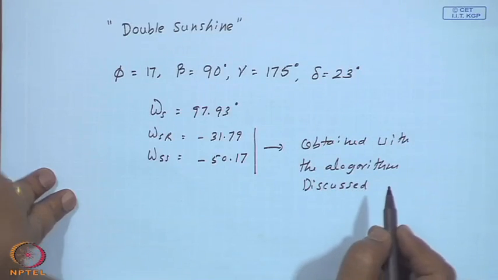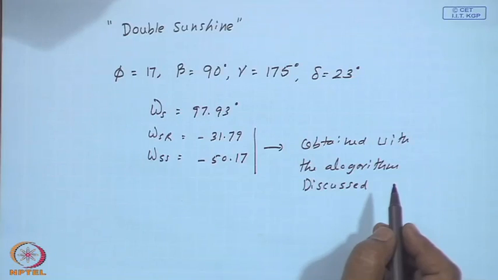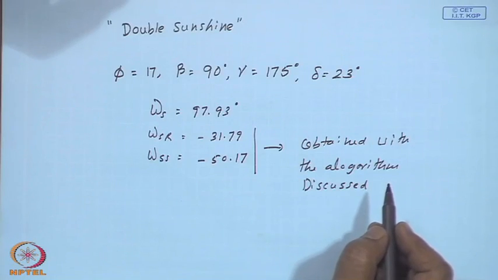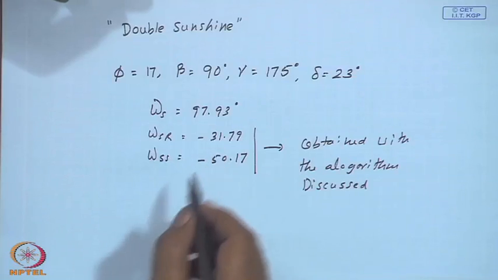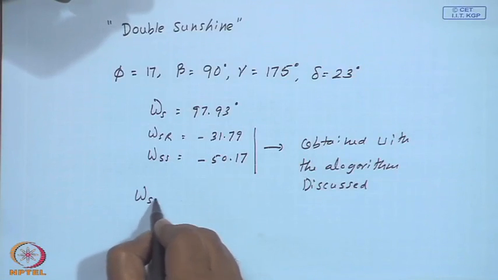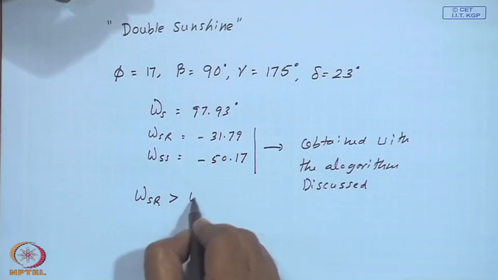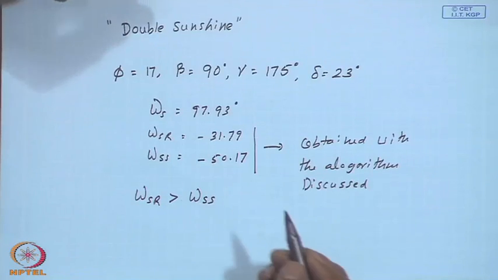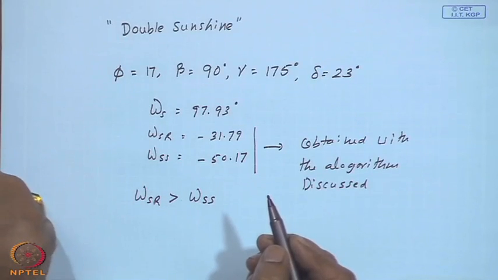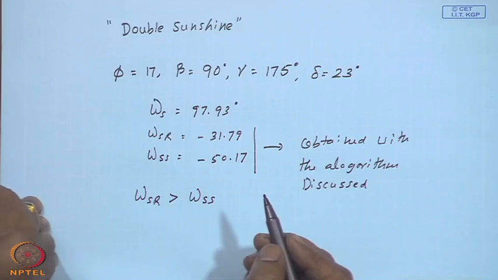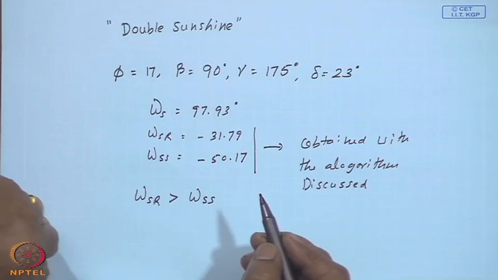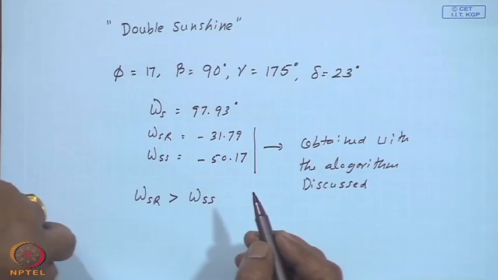That is, first you determine the magnitudes by using the cosine inverse, then determine the sign by using the sine root. Consequently, here it satisfies the condition mathematically omega SR is greater than omega SS. Minus 31.79 is mathematically more than minus 50.17.